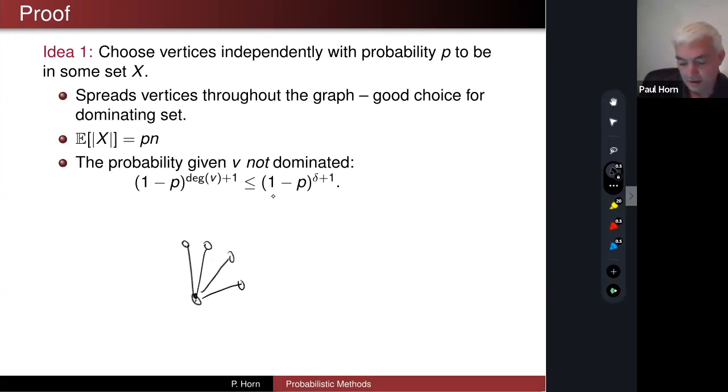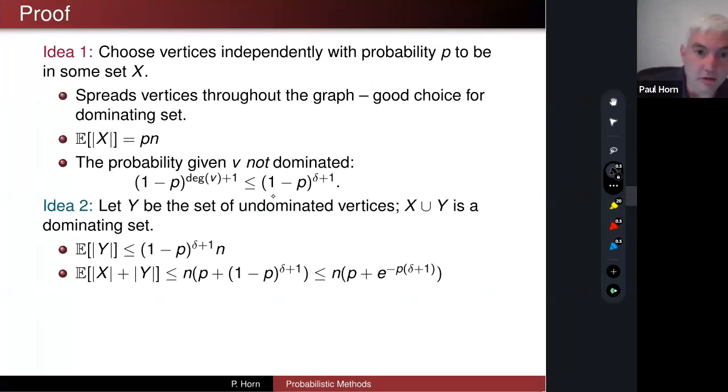So each of these, I got a tails on. So this probability is 1 minus p to the degree of v plus 1. Itself and all of its neighbors failed. I've got a minimum degree, delta, so I can upper bound this.